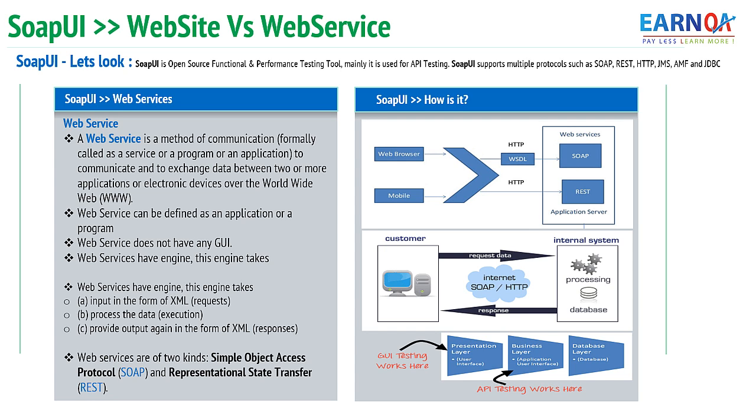So when we say application testing, it is GUI testing. When we say web services testing, it is business layer testing. So this is all about the differences between website and web service.